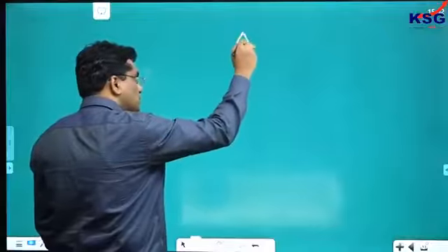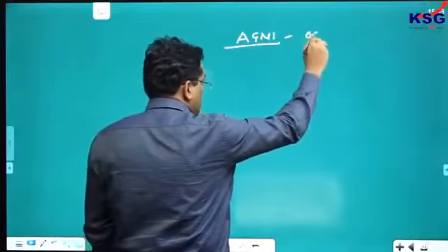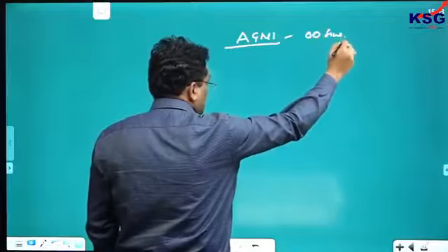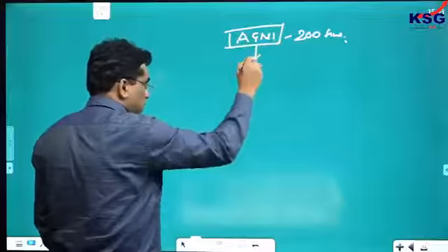Second important god is Agni. 200 times mentioned in the Rig Veda.